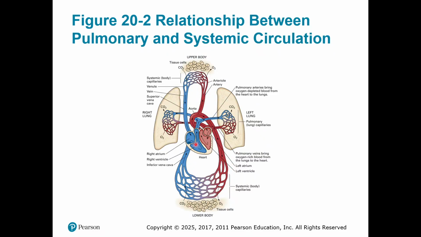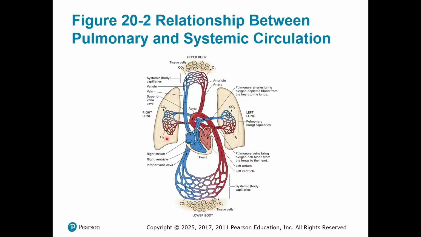It goes through the tricuspid valve, into the right ventricle, through the pulmonic valve, and then where? Through the pulmonary artery. And that's going to let us come right down here to the capillaries, where that oxygen exchange can take place, right? Where diffusion can take place. We get rid of the dirty waste and we receive oxygen.